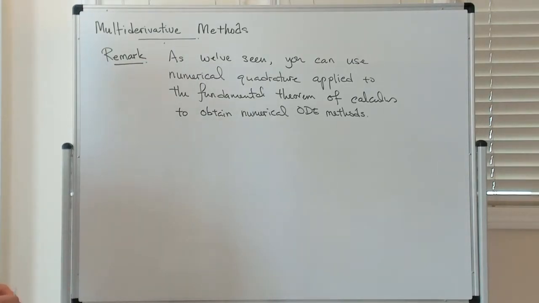But you can imagine a situation where you have access to derivatives of the integrand, but at a bunch of points, not just one point, which is the case of the Taylor method.